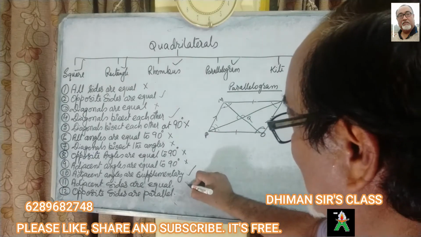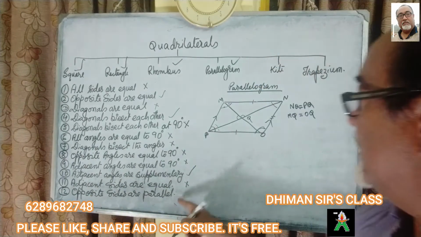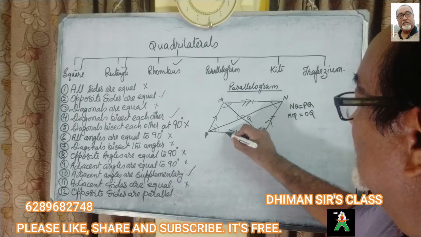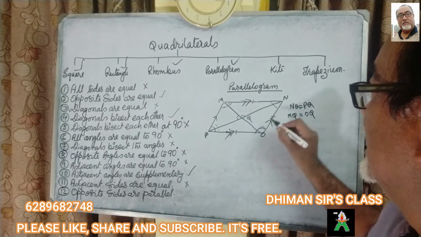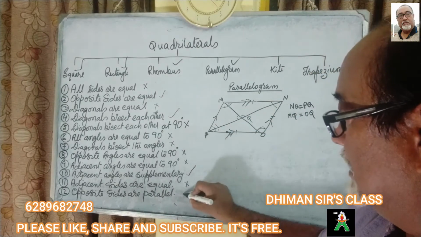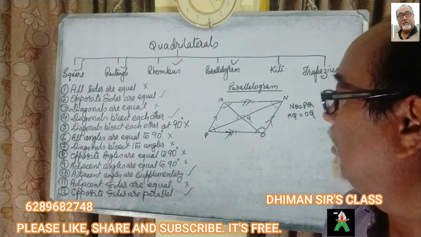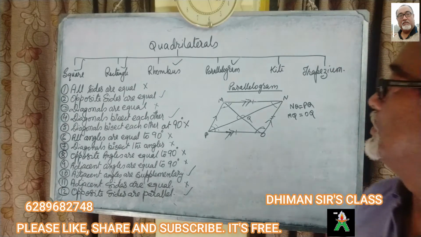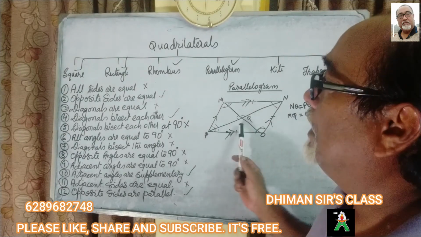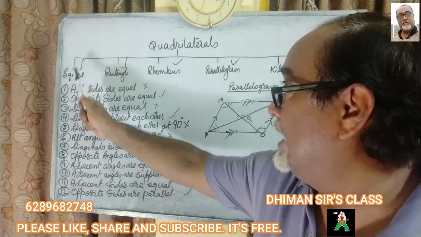No. So, not applicable. Opposite sides are parallel. This side is parallel to this side, and this side is parallel to this side. So, this property is also applicable. So, my dear students, here a parallelogram cannot be called as a square, but a square can be called as a parallelogram.